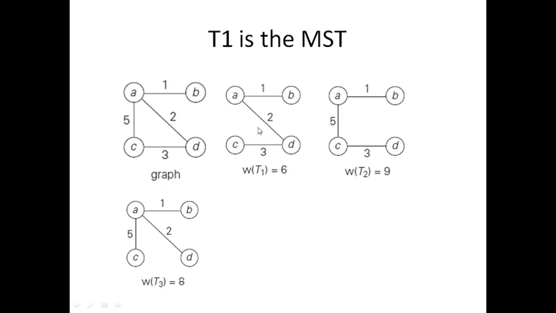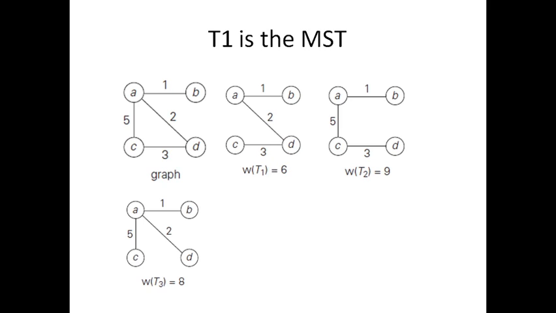Now if I create a minimum spanning tree, or a subgraph of the given graph without any cycle, then there are three possibilities. This is one, this is the second, and the third one is given like this. Out of these, if you want to identify the minimum spanning tree, the one that produces the lowest sum, it's actually the second one.